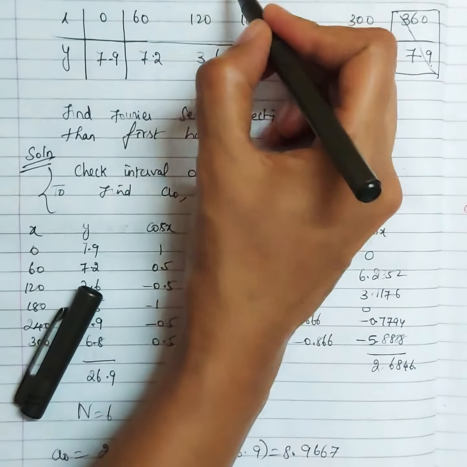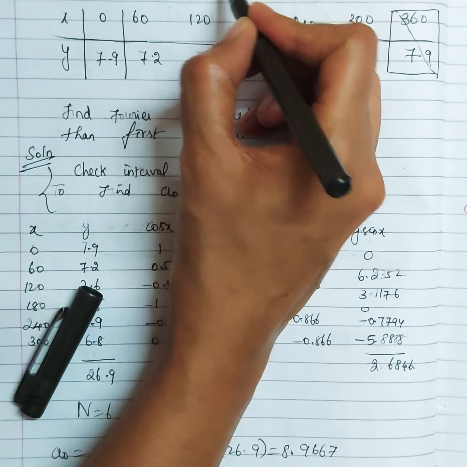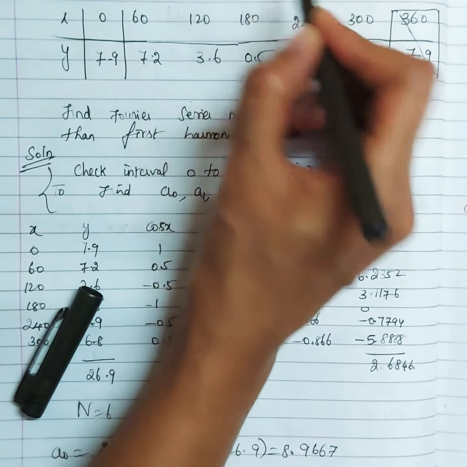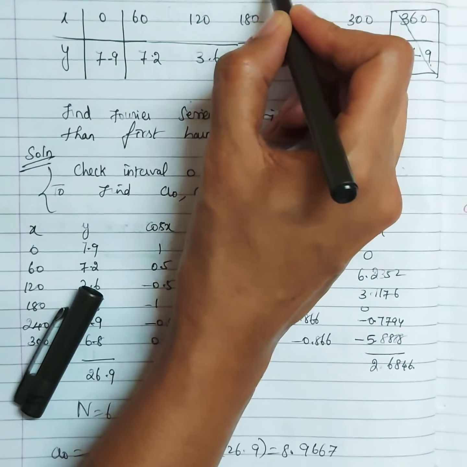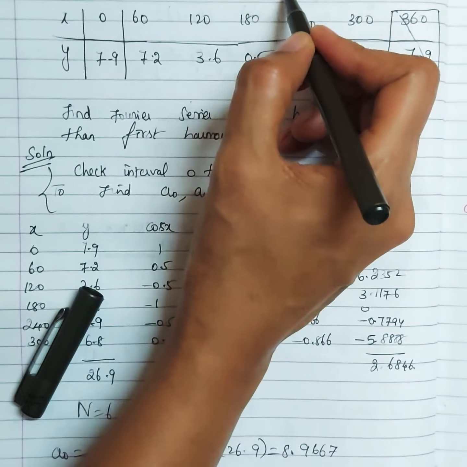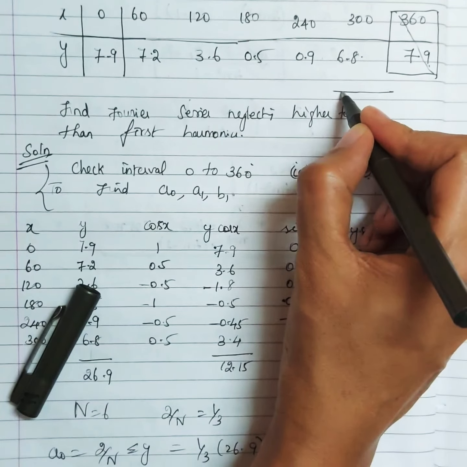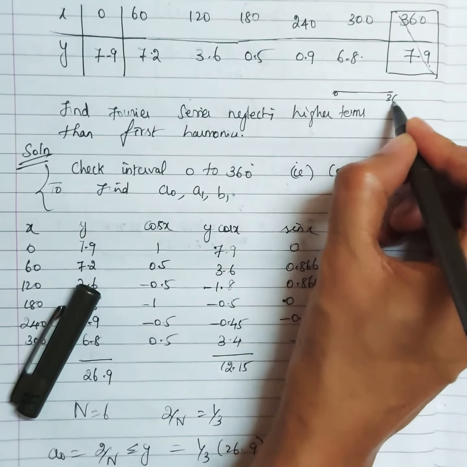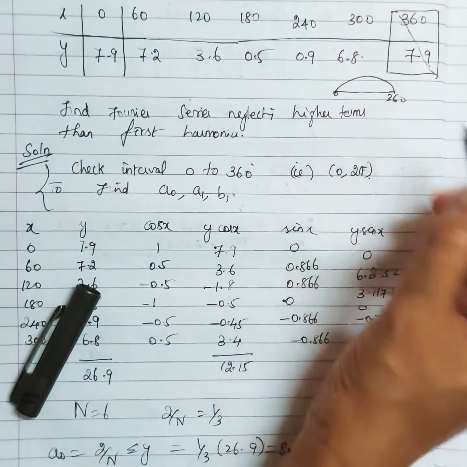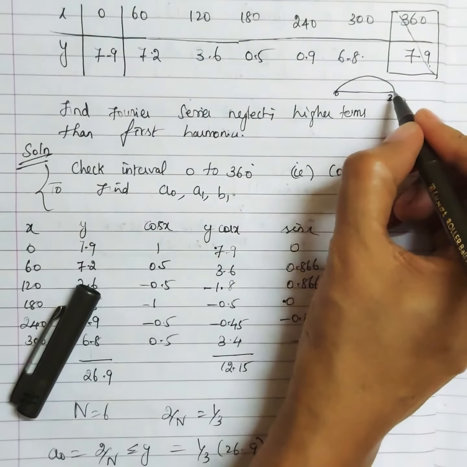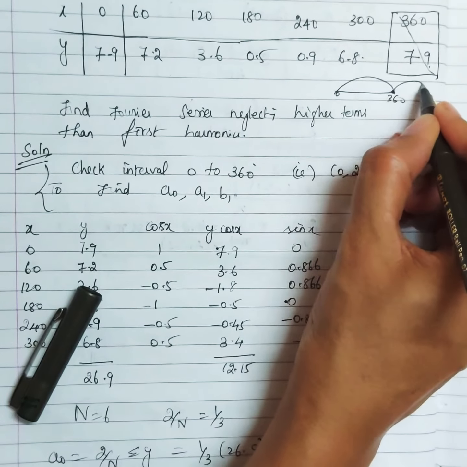So again I repeat, periodic function means, say from here to here my function is like this. Again the function will be the same. Pattern is going to repeat. Oh my god, you cannot see the diagram. Okay, so from 0 to 360, for example, my diagram is like this. So again from 360 it's going to be the same.